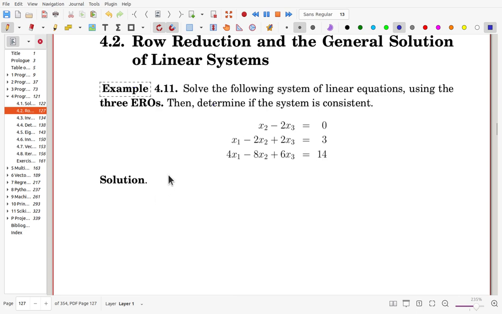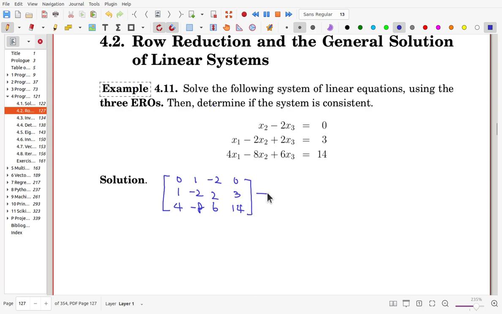So let's collect the coefficients: 0, 1, minus 2; 1, minus 2, 1; and 2, 4, minus 8; and the right side 0, 3, 14.